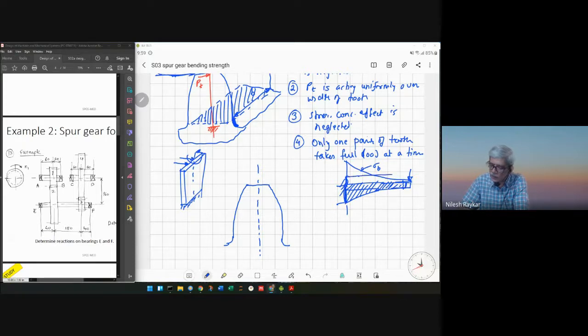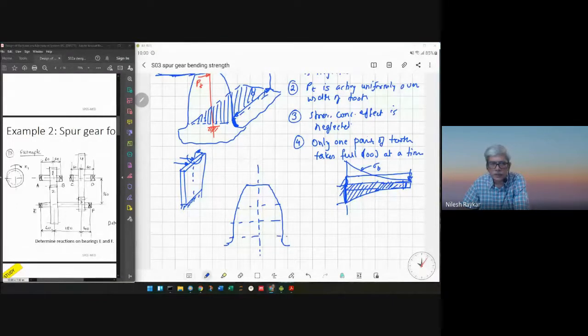So you get a uniform bending stress distribution. This is known as a beam of uniform strength. Lewis made his theory by assuming the gear tooth as a cantilever beam of uniform strength, which means that at every cross section of the gear tooth, the stresses are the same.